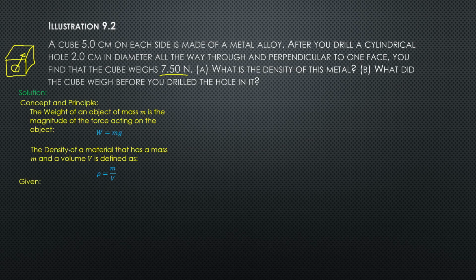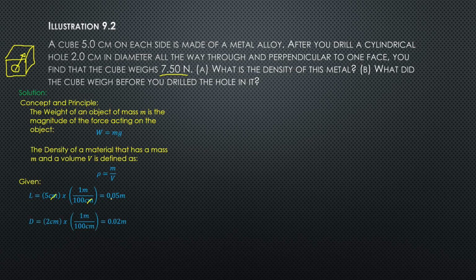So given the length of the edges of the cube, that is 5 centimeters, converting this to meters, you need to multiply that by 1 meter over 100 centimeters, and the unit centimeters is eliminated. That gives you a unit of meters, so that is 0.05 meters.